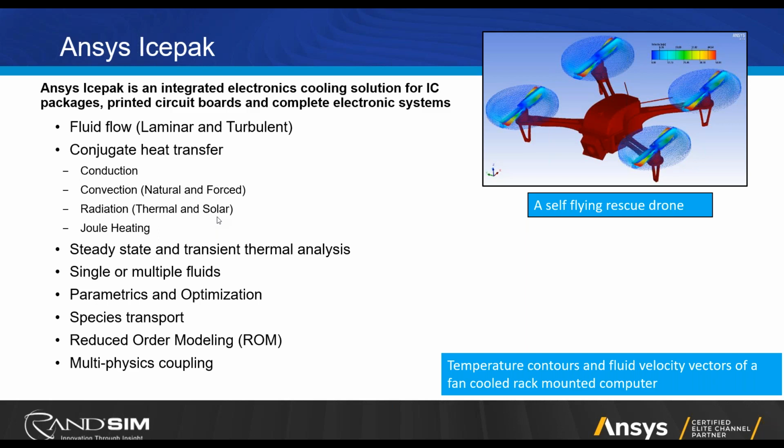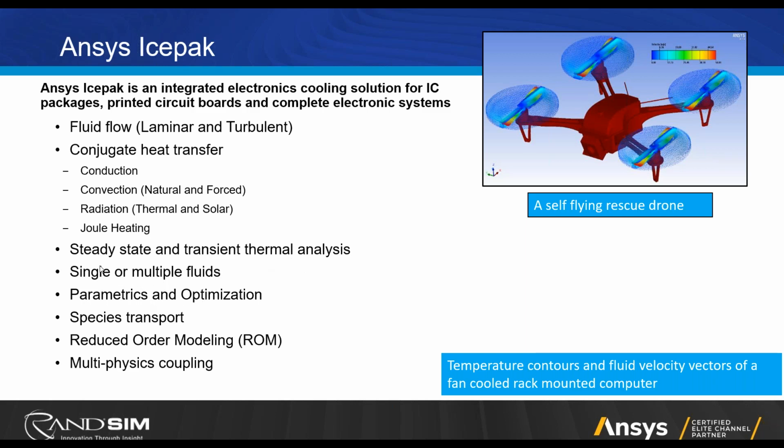Think of a big dish that the sun is shining directly on. That's going to heat it up, and IcePak can model that. And also Joule heating, which means the heat that's dissipated when current travels through a resistor. You can do steady state or transient, which we'll show the importance of later.